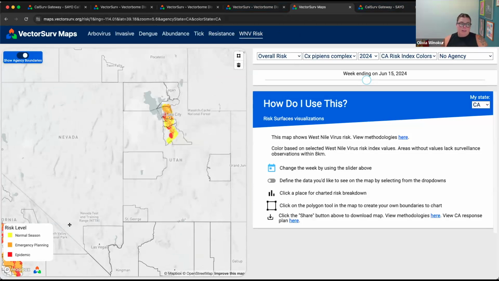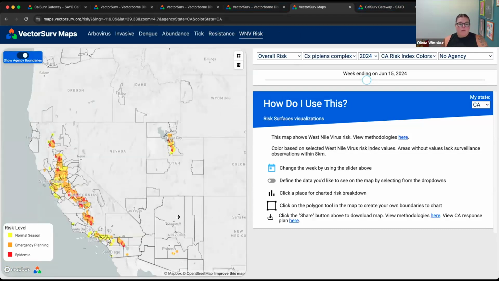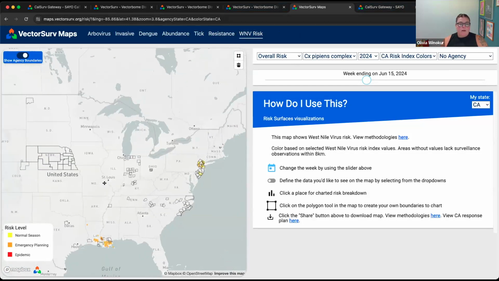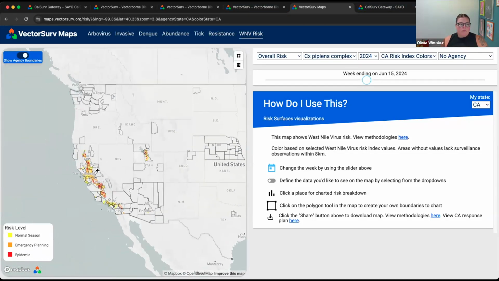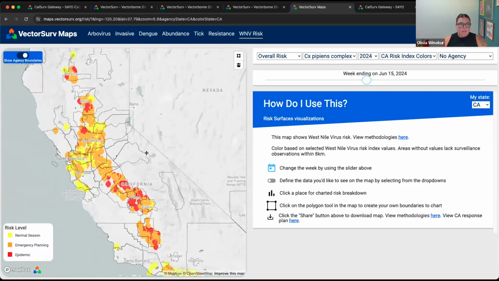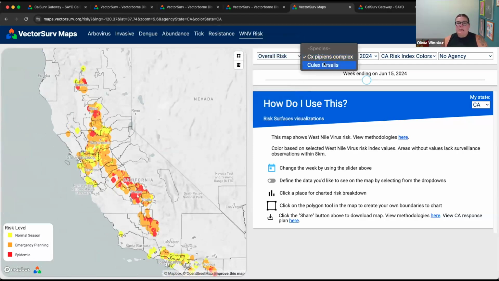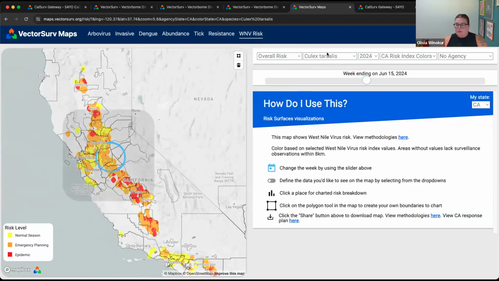It's just applying the California response plan, so you can use it or not, of course, based on what you have and what you want in your state and agency. You can break this down by overall risk or each of the individual risks. If you're just interested in what the temperature is doing for risk, you can break those down. You can also look by species or species complex, so Tarsalis or pipiens.